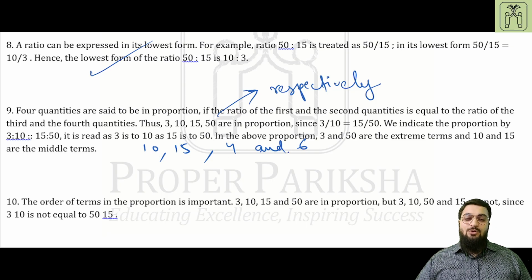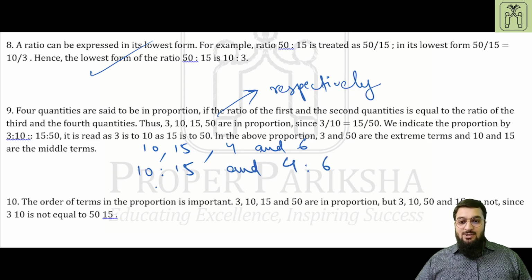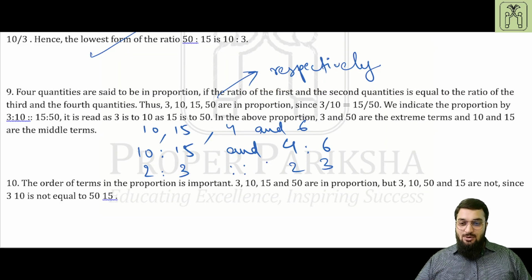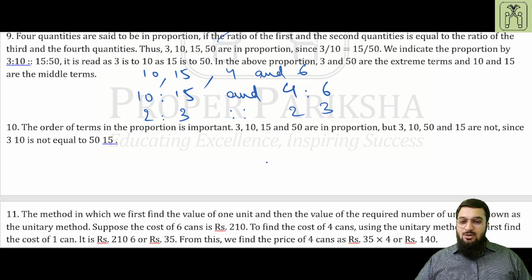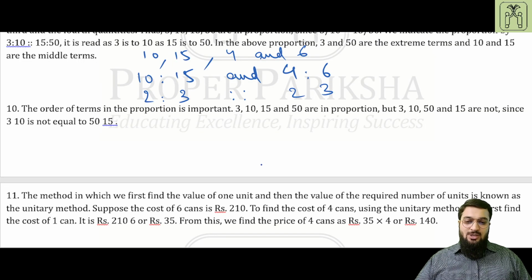So 10, 15, 4 and 6 will be written as 10 is to 15 and 4 is to 6. After simplification, we will write 2 is to 3 and 2 is to 3. And in the next step, we will replace this 'and' with the sign of in proportion to, that is this one. Or we can write is equal to. Next thing, the order of terms in the proportion is important. This has already been discussed.